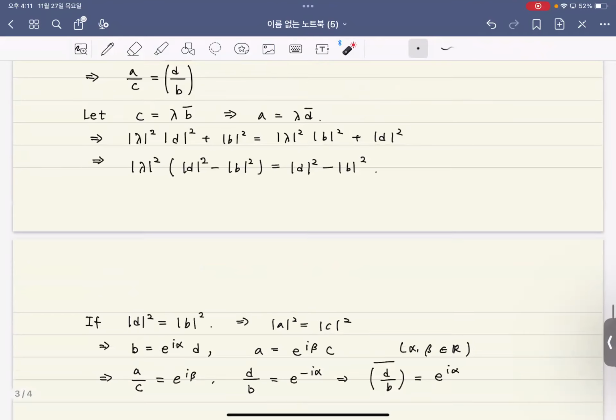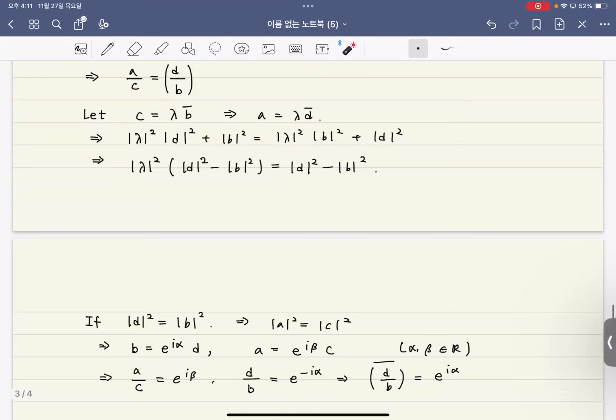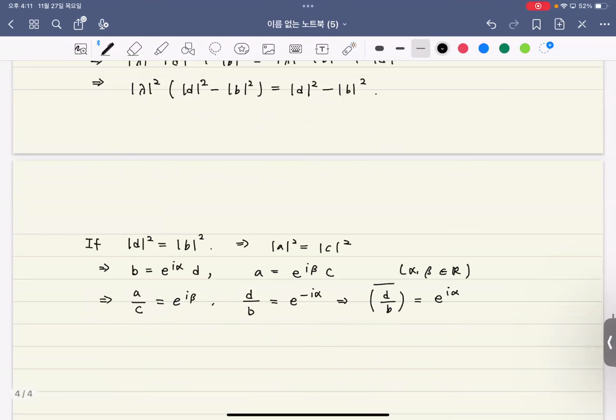Now, I want you to take a look at this relation. This number is the same as this number, so it turns out e to the I alpha is the same as e to the I beta, right? Now what? So e to the I alpha is e to the I beta.